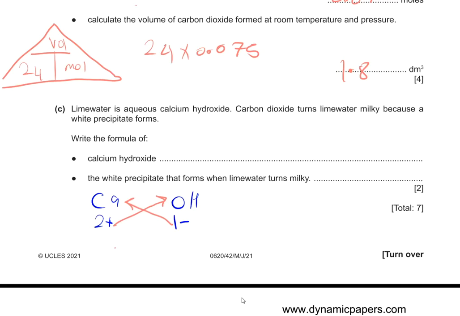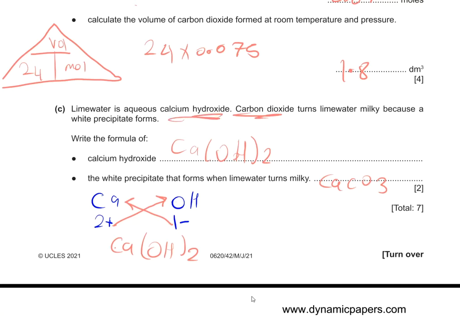So the 1 would go with the Ca, so we'd have Ca. The 2 goes with OH, so you're gonna have OH between brackets multiplied by 2. So that's the formula of calcium hydroxide, Ca(OH)2.